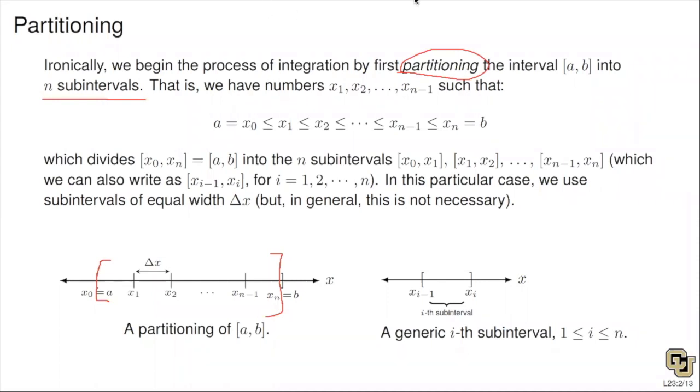And so, we start to do some notation. These x sub i's here, the x sub 1, x sub 2, x sub 0, those are like mile markers, like when you're driving on the highway. So here, if we start at A or x sub 0, we will get to x sub 1 after we've driven 1 unit of delta x.